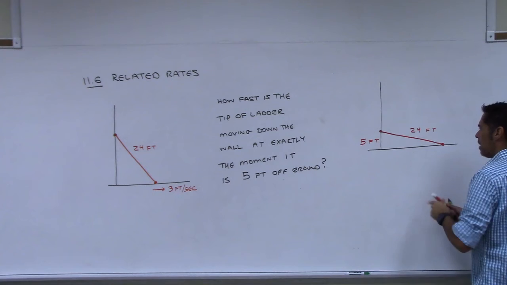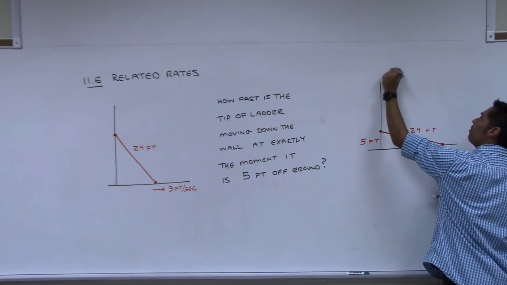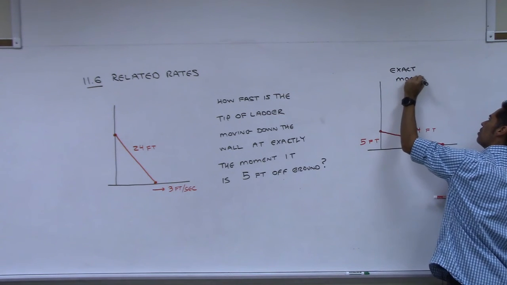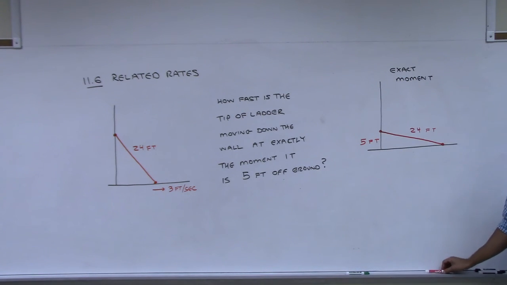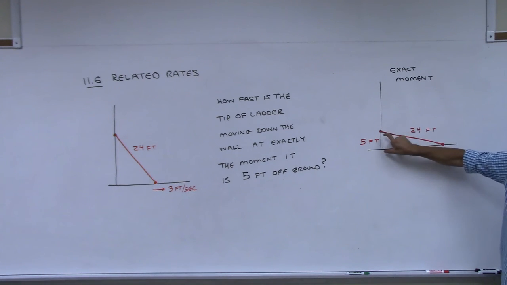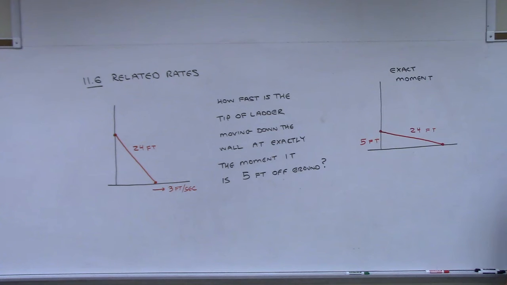This is a picture of the exact moment that I'm referring to in the question. Do you agree? 24 feet, that's 5 feet. So how fast is that point moving at exactly that moment? That's a very weird question, isn't it? Very weird question.